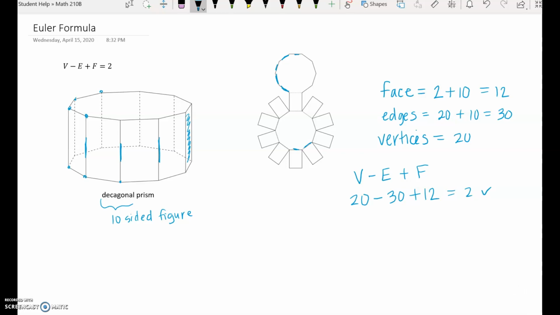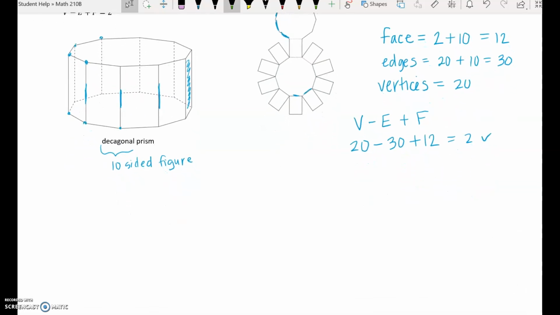Now, taking that idea and extending it for any prism, which is the last line of the table that you're filling out, n means that we have a figure that has n sides as the base. The number of faces is going to be n, that's for all the lateral faces along the sides, and then plus 2, one for the top and one for the bottom.